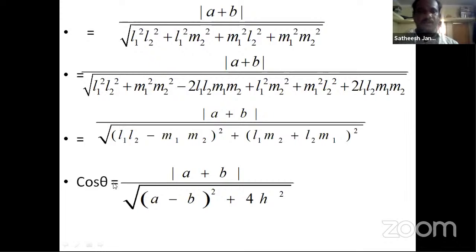Cos theta is equal to the numerator a plus b, by the square root of, where L1 L2 is the value of small a, and M1 M2 is small b, that is a minus b whole square, plus, where L1 M2 plus L2 M1 is the value of 2h.